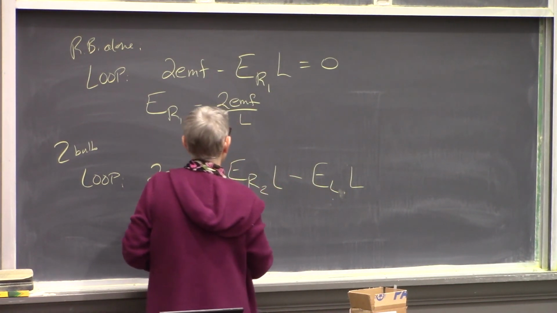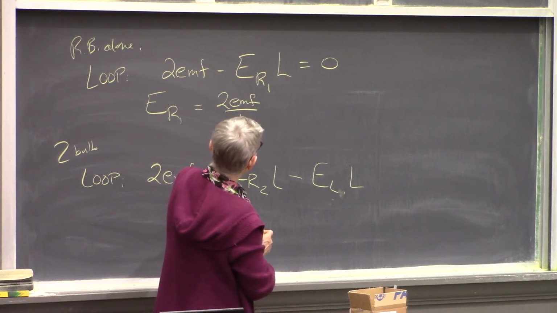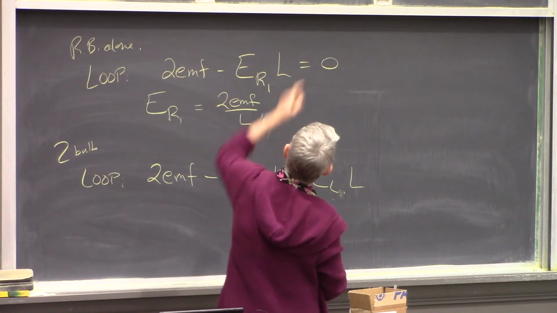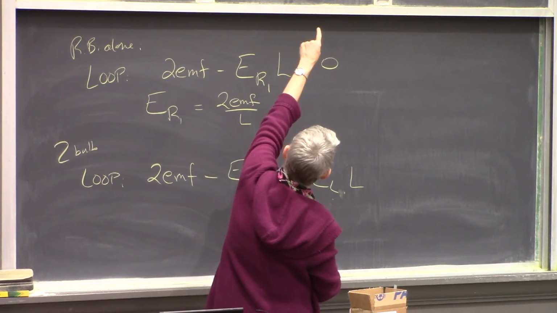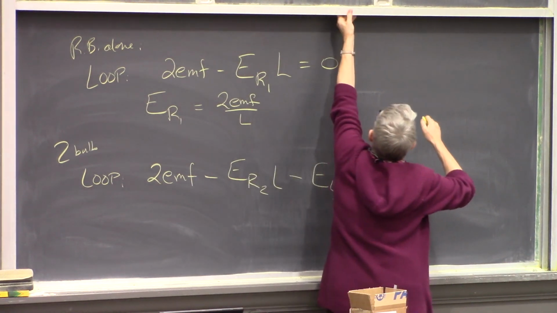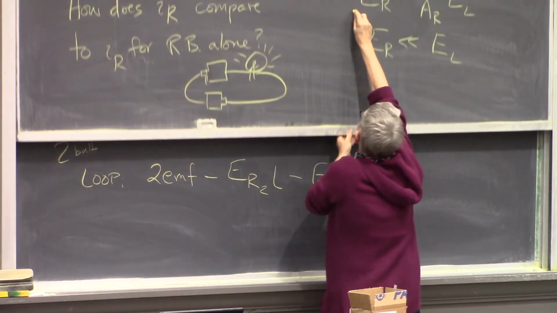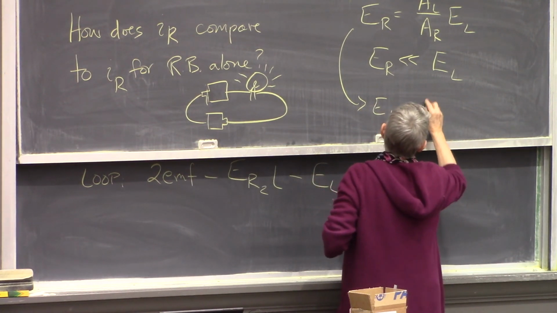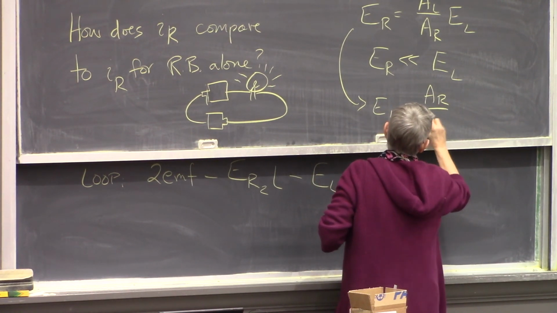So we know that the electric field in the long bulb, we can invert this here. We can solve this equation. The electric field in the long bulb is A_R over A_L.